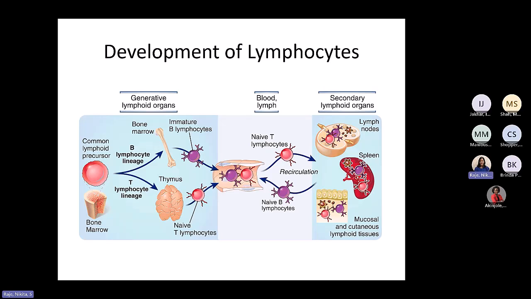That's where the mature lymphocytes go, and they come across the antigen that helps in their activation. So production and maturation occurs in the primary organs, for T cells for sure, and for B cells some of the maturation occurs in the spleen, and then the secondary lymphoid organs is where the lymphocytes get activated.